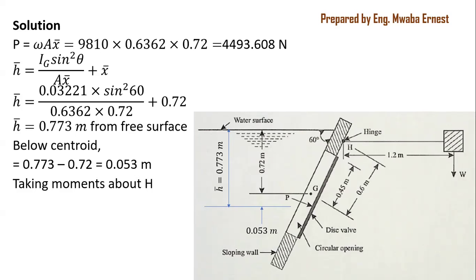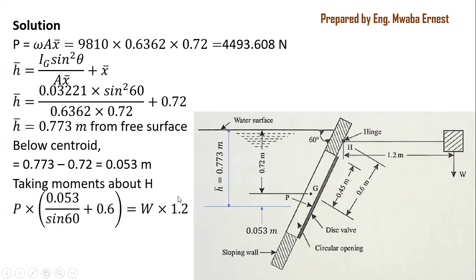Now let's take moments about H here, since we have all the tools now. As per custom, the summation of clockwise moments is equal to the summation of anti-clockwise moments. So you can see that P multiplied by the distance from P to H. Now from H to G, the distance is 0.6.